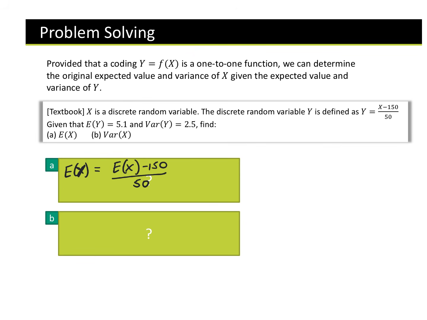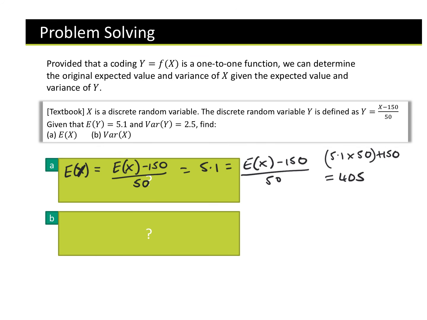So we know what E of y is. We know it's 5.1. So we're going to have 5.1 equals E of x minus 150 over 50. So we're going to do 5.1 times 50 plus 150 is going to give me E of x, which is 405.